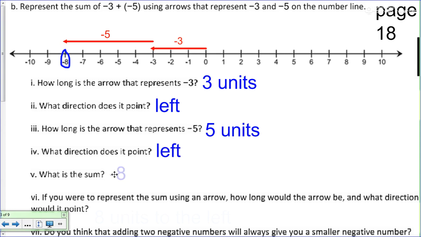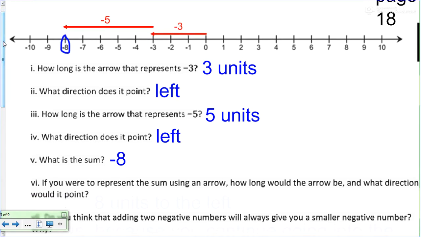Okay. We found out that our sum was -8, right? And this is where we have to turn our page. So if you were to represent the sum, which is at -8, using one arrow, how long would it be and what direction would it point? Well, it would be 8 units long, that absolute value, and it would go to the left, because it's negative, right?